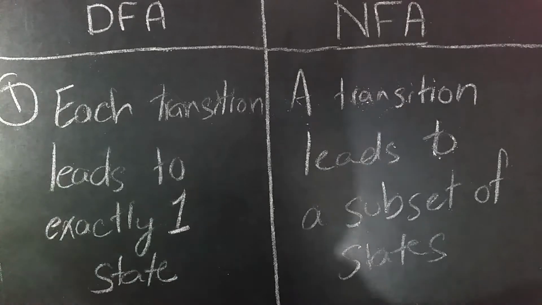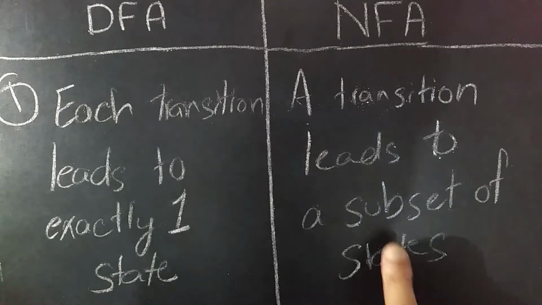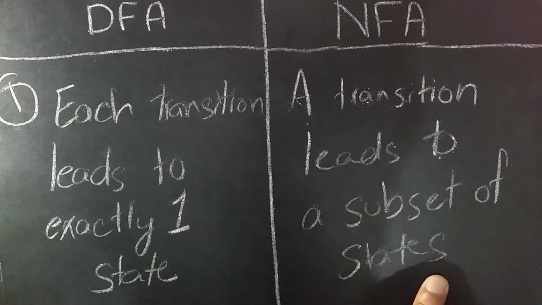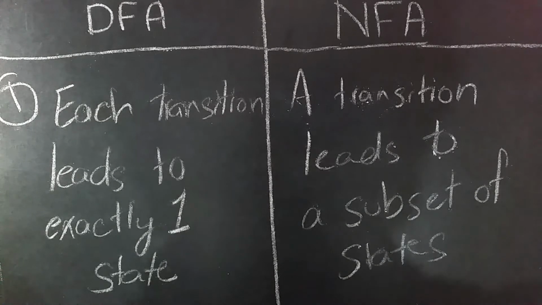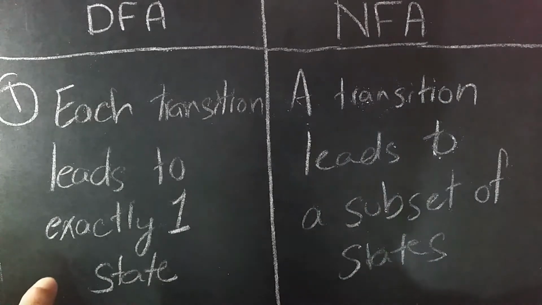So since there are n states, it can reach up to n states or less than n states, so a subset of states. This means that some transitions can be non-deterministic. They can be deterministic transitions, but they can also be non-deterministic transitions. That's why it is known as non-deterministic finite automata.